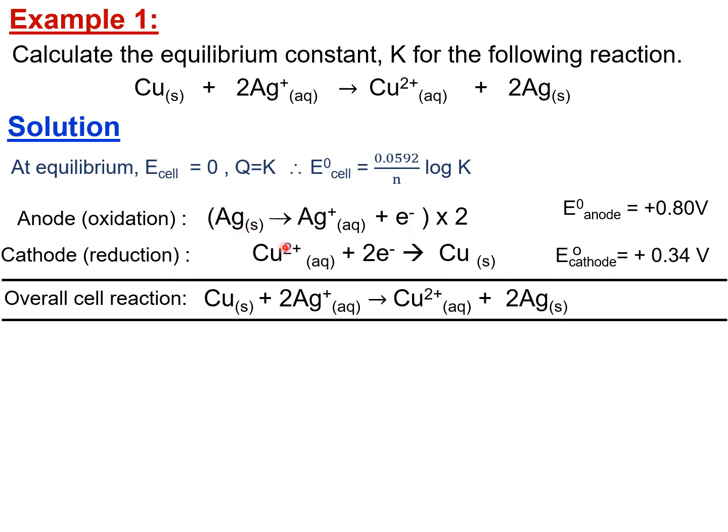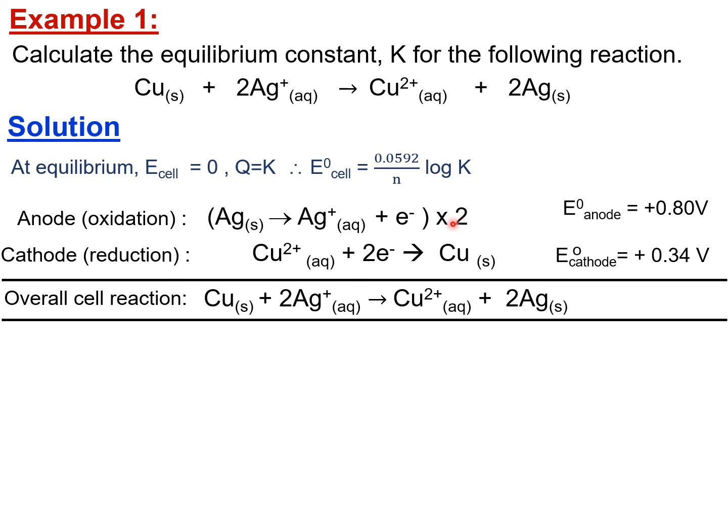So this is the original half cell reaction equation, and this is the original half cell reaction equation for copper when it undergoes reduction, where it will gain electrons and produce copper solid. To balance the number of electrons, we have to multiply the half cell reaction equation of silver by 2.